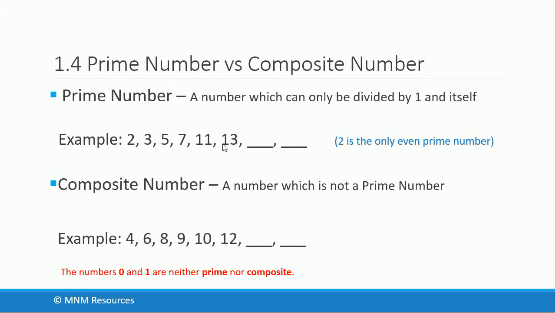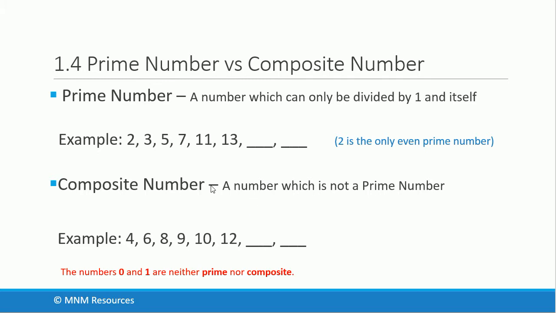What about 13? 13 can only be divided by 1 and by 13, so 13 is definitely a prime number. What about 14? 14 is an even number, so by default 14 is a composite number.